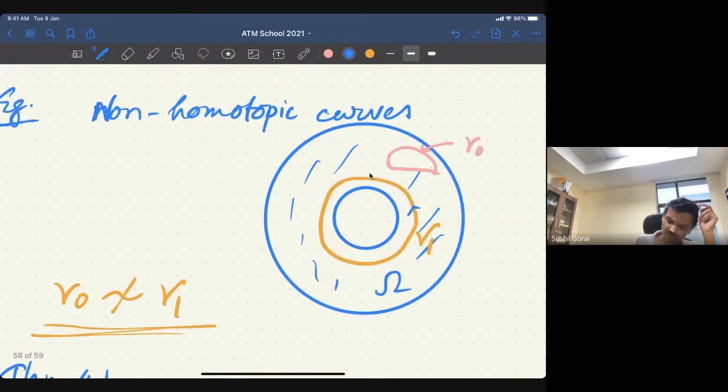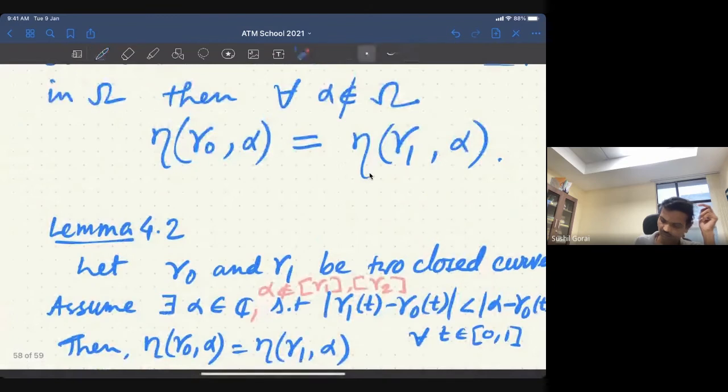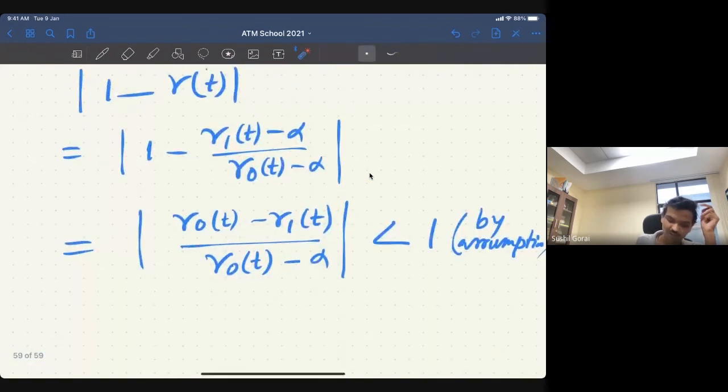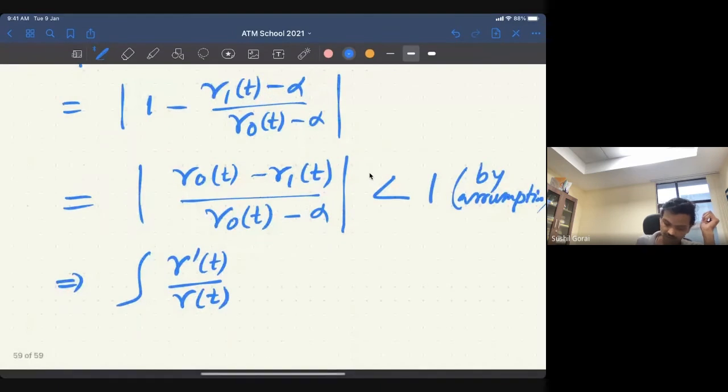Right? So look at this one. This is strict here. So hence we can actually use the previous exercise to imply that the integration of gamma prime t by gamma t on 0, 1, dt, is 0.